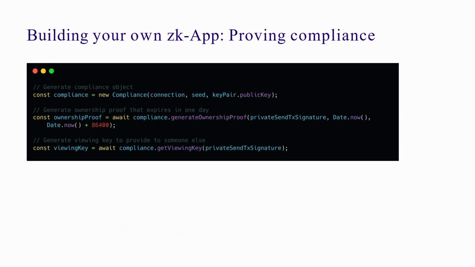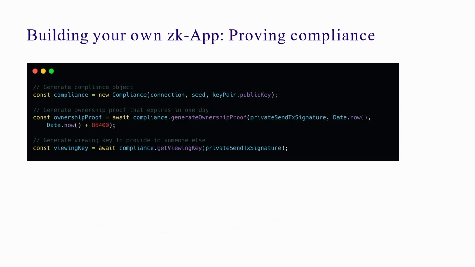But if you want to have a little bit of compliance, the lowest rank we can provide for you is ownership proofs. And the idea of an ownership proof is, as the name describes, given a certain send transaction that you can see on chain, you can generate a proof that that transaction came from you, that you're the person who submitted that send transaction.